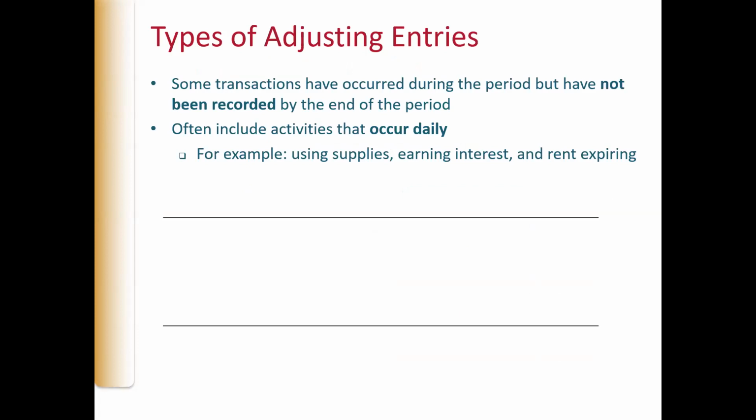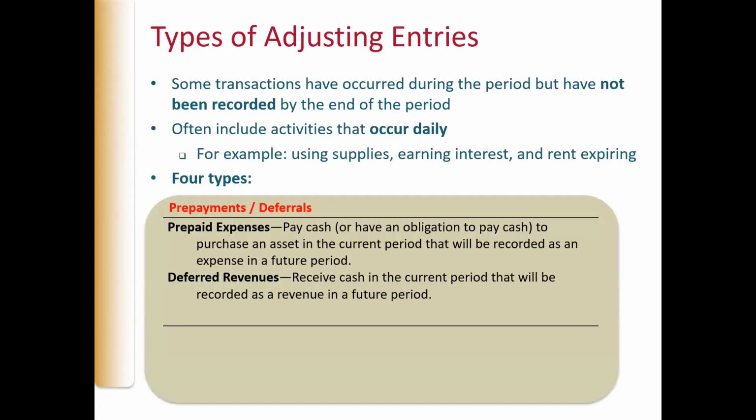So some transactions have occurred during the period that have not been recorded by the end of the period. Some of these may be things such as using supplies up, earning interest, rent expiring. These are things that occur daily.